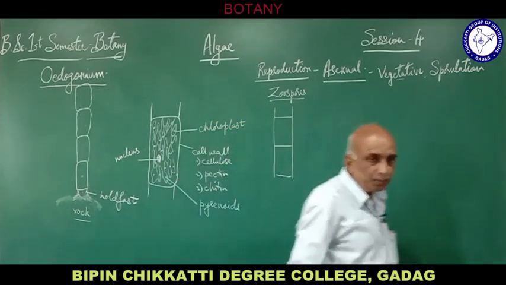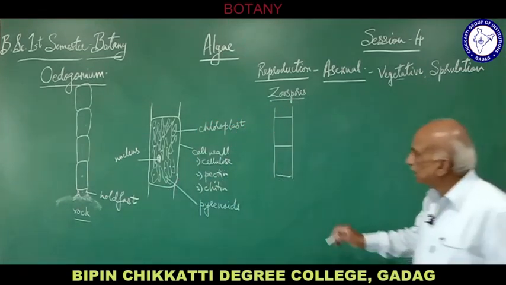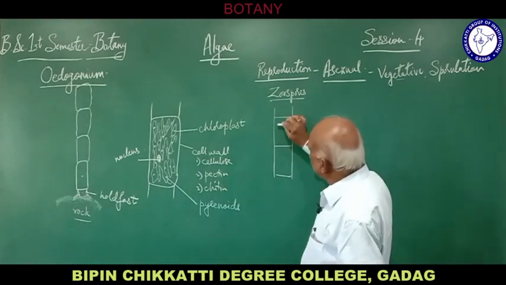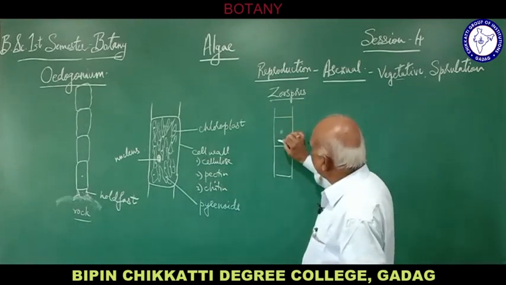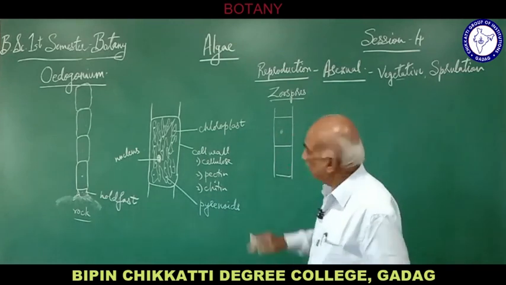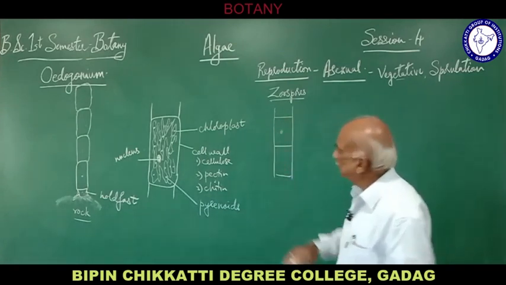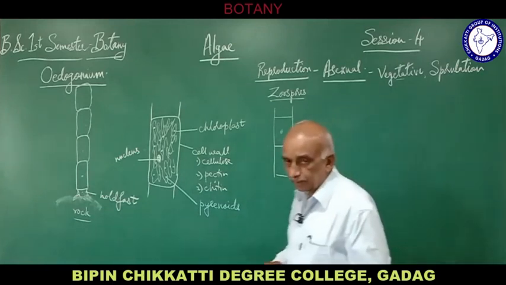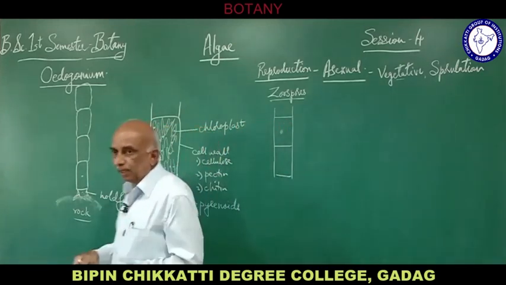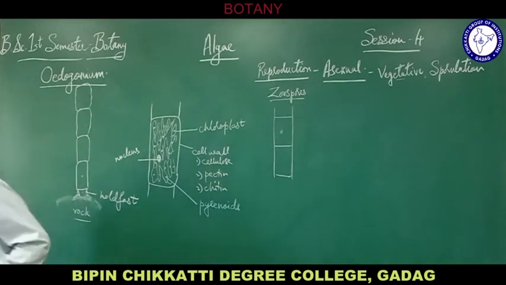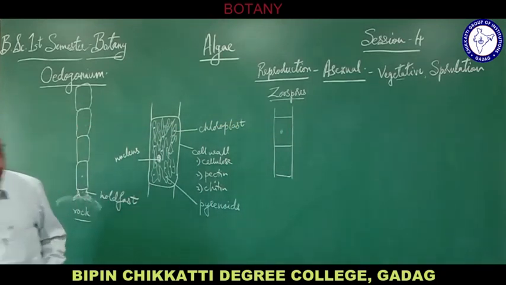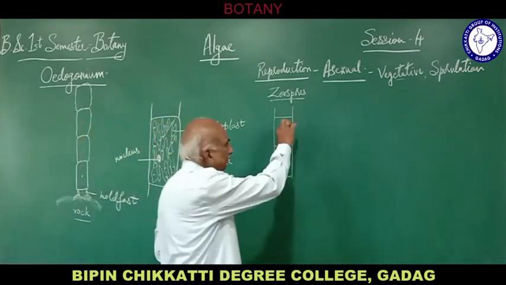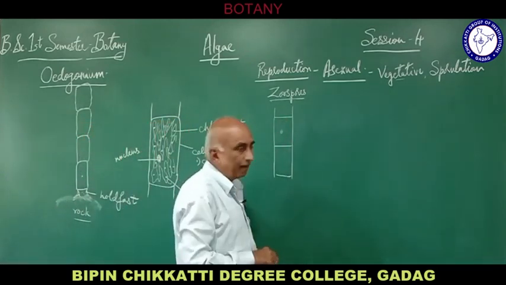Any cell may form a zoospore. Here there is a sufficient storage of reserve food material, and after the storage of the reserve food material, a single cell will produce a single zoospore.